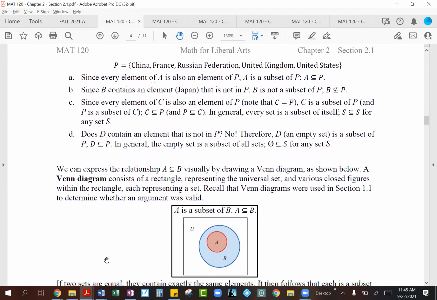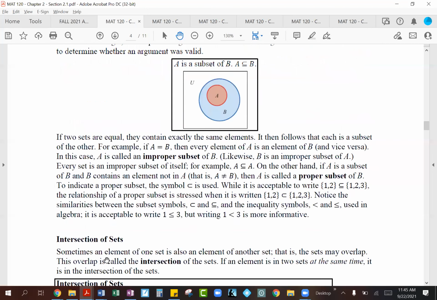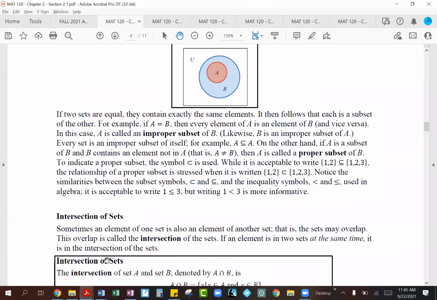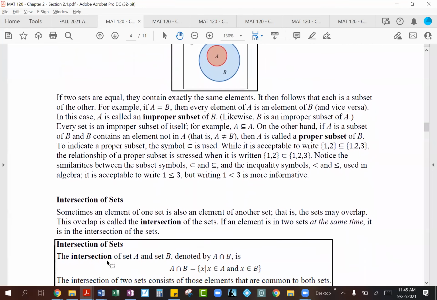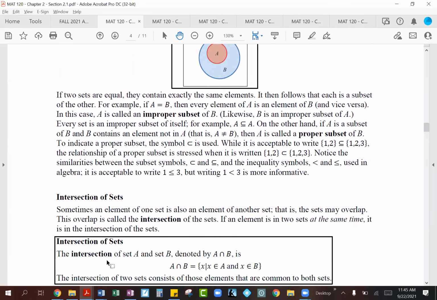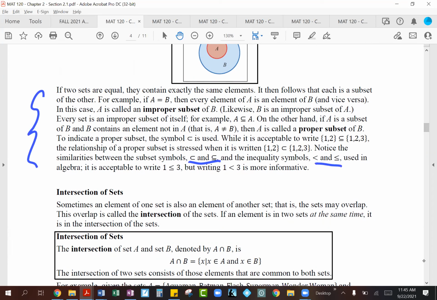Oh, where did we have that? Okay, I think it's right here in this paragraph. So they are saying, notice the similarities between our symbols over here, comparing it to our less than or equal to. So that's the same thing here.